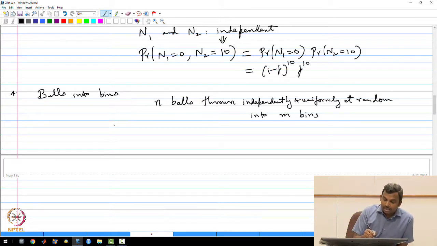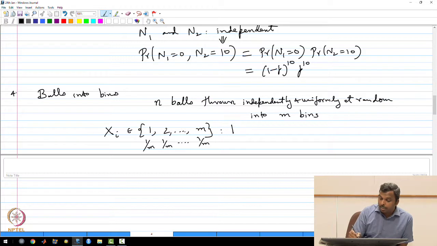Let's say I define xi to take m values 1 to m, and I will say it's uniformly distributed. So what is this xi? This is the bin into which the ith ball landed.